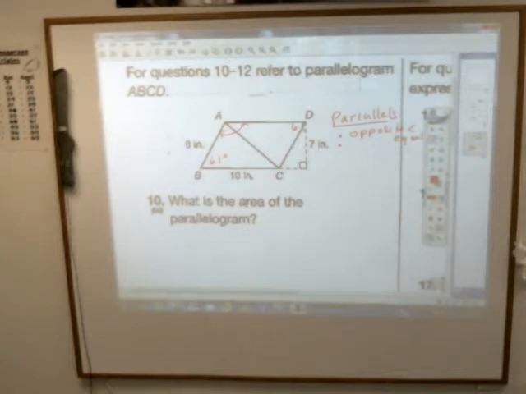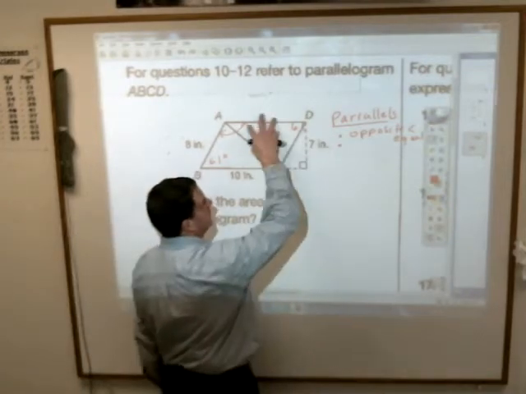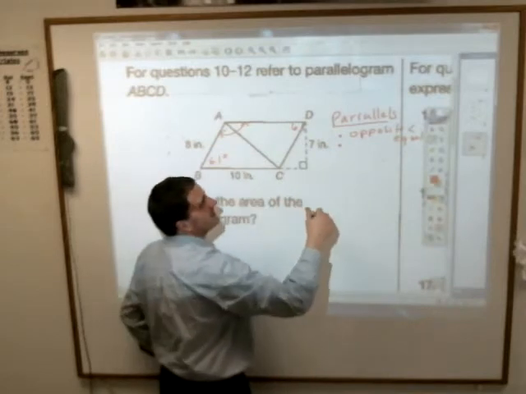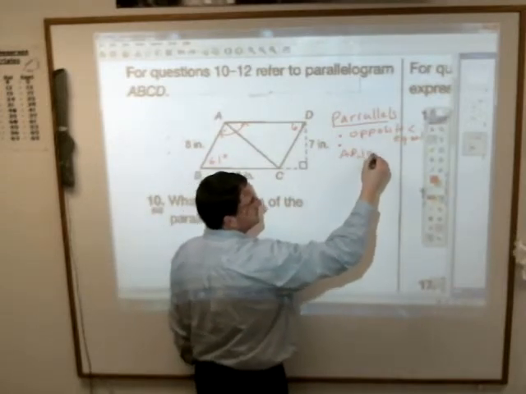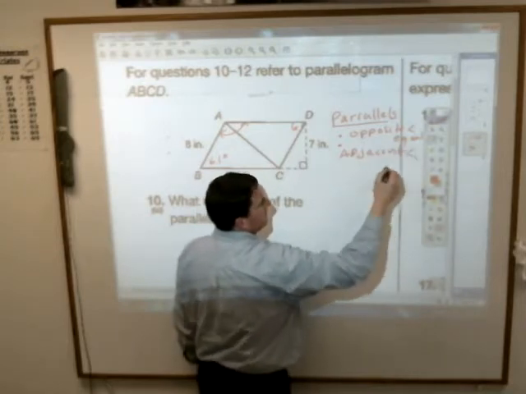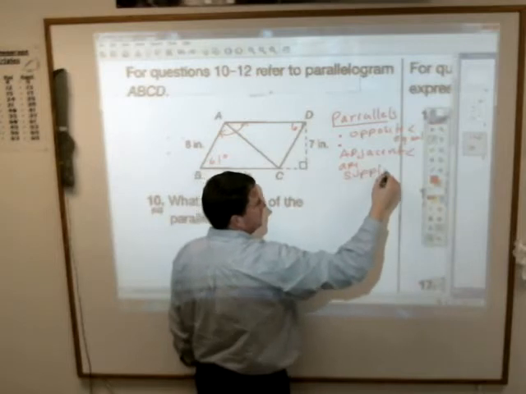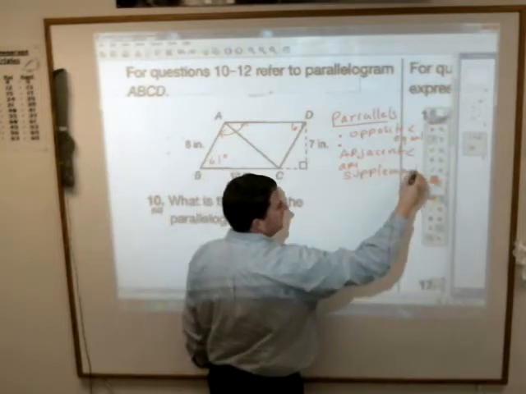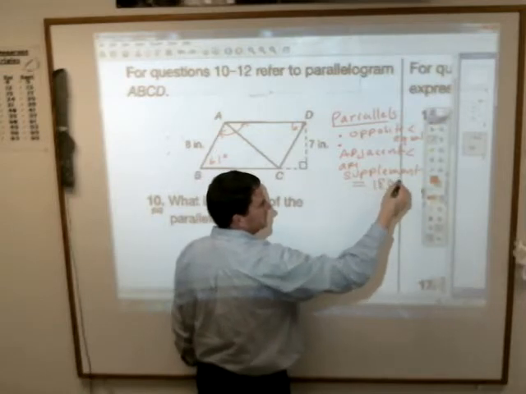Maybe, well, it is a transversal thing, but write this down then, since I probably missed it. First of all, on parallelograms, opposite angles are equal. Secondly, adjacent angles are supplementary, which means they have to equal 180 degrees.